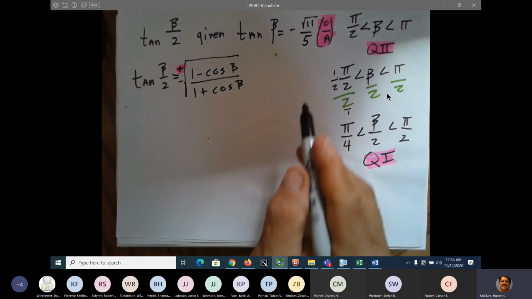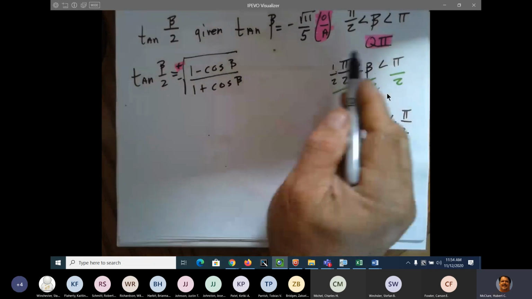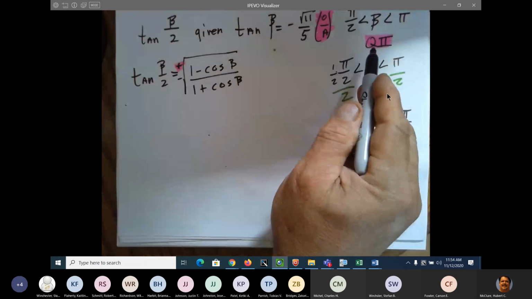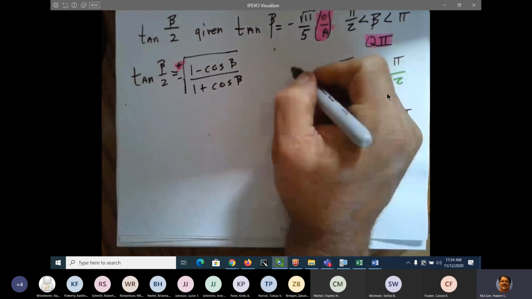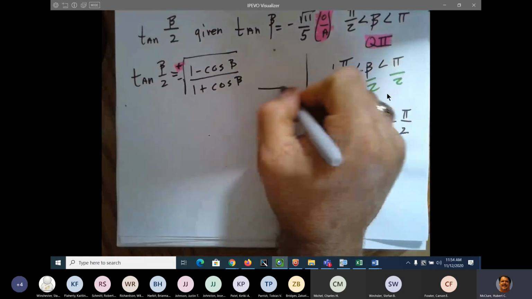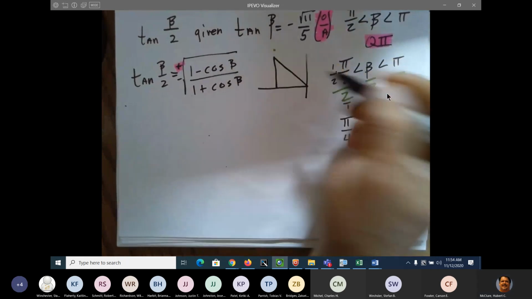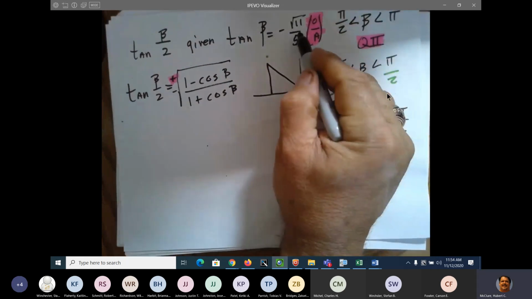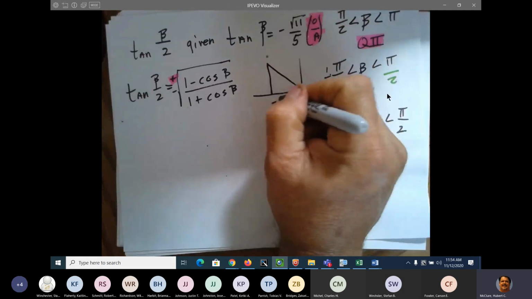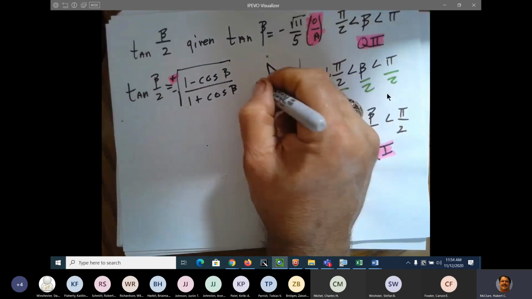Now, you know that beta is in quadrant 2. Okay, quadrant 2. So I'm going to put quadrant 2 right here. And that's going to be a negative 5 and a square root of 11.